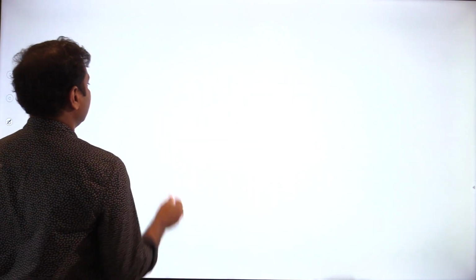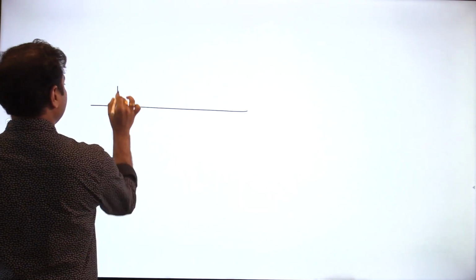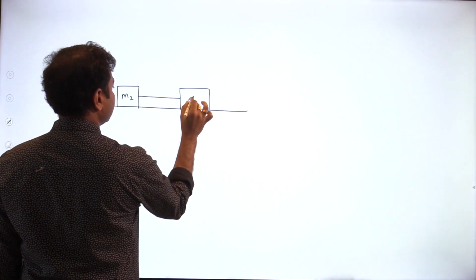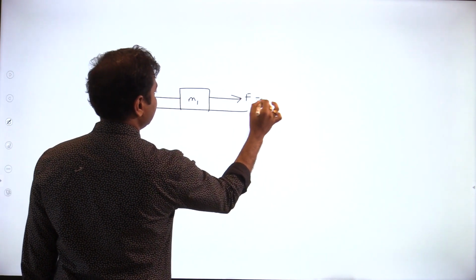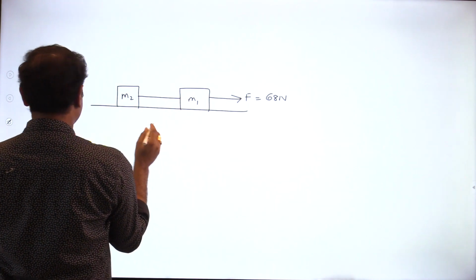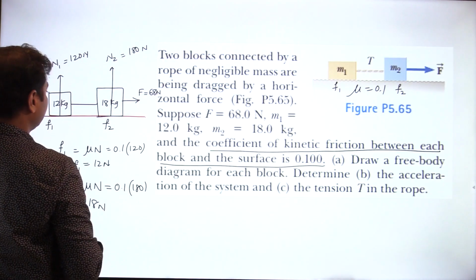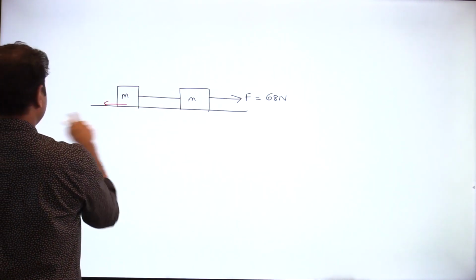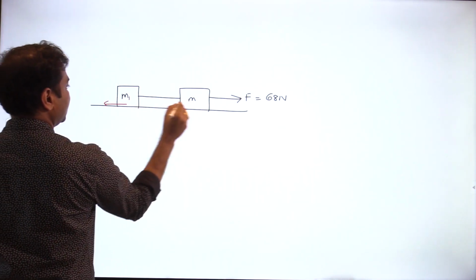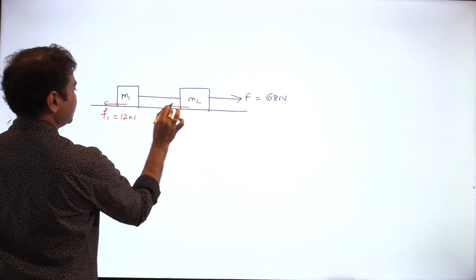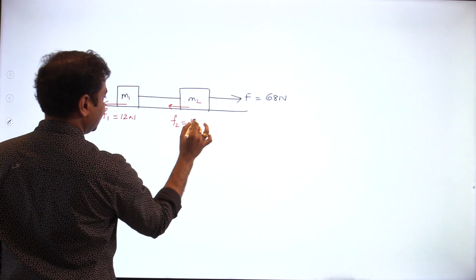Very good. Okay, na? So I can draw here. This is M2, tension, and this is M1. The force value is 68 Newton. And the frictional forces acting, I think I wrote in reverse. Let me follow the same terminology: M1, M2. This is F1, which is 12 Newton, and this is F2, which is 18 Newton.